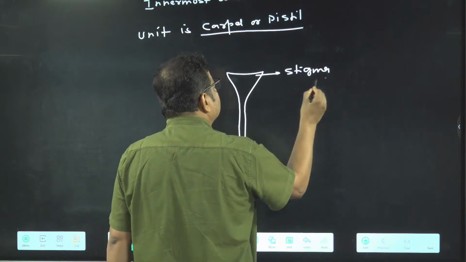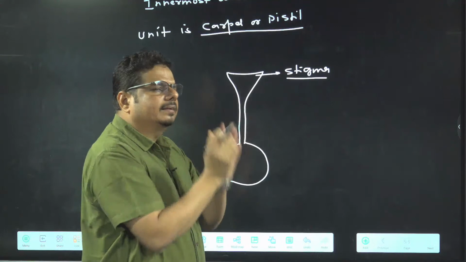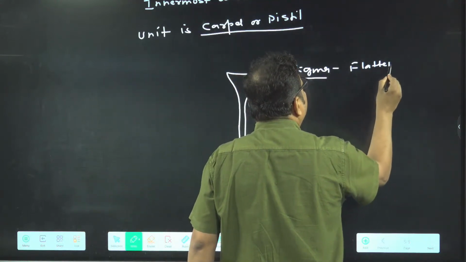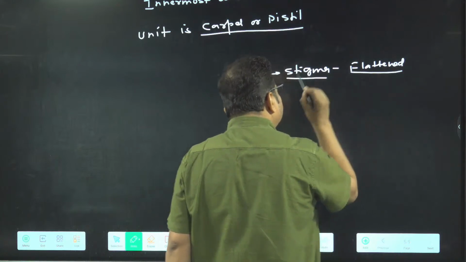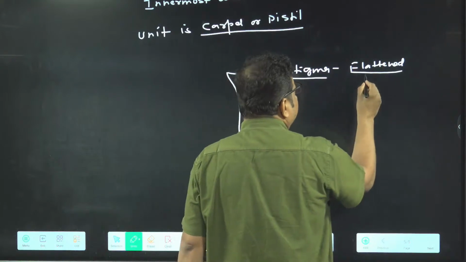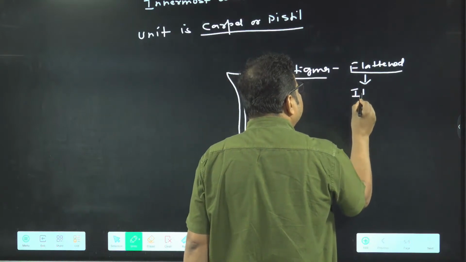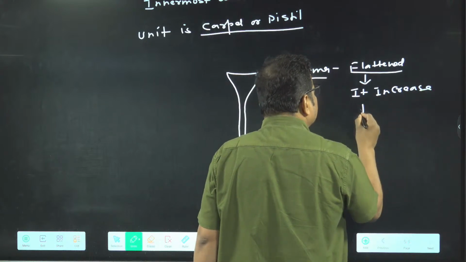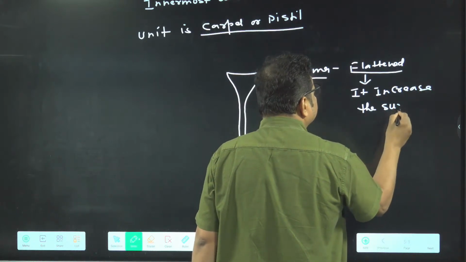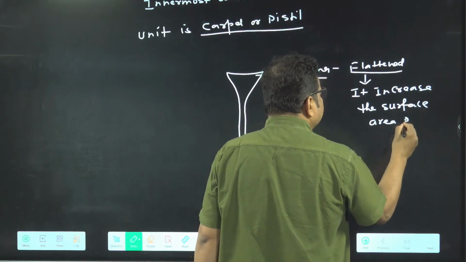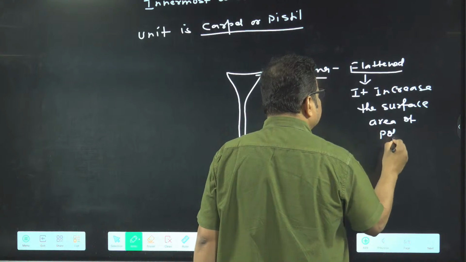If you see the stigma, you will find it is flattened. What is the purpose of this flattening? Why is the stigma flattened? If it is flattened, it increases the surface area for pollen reception.